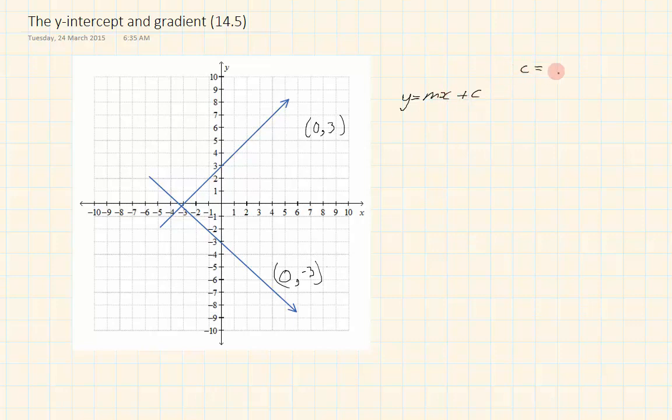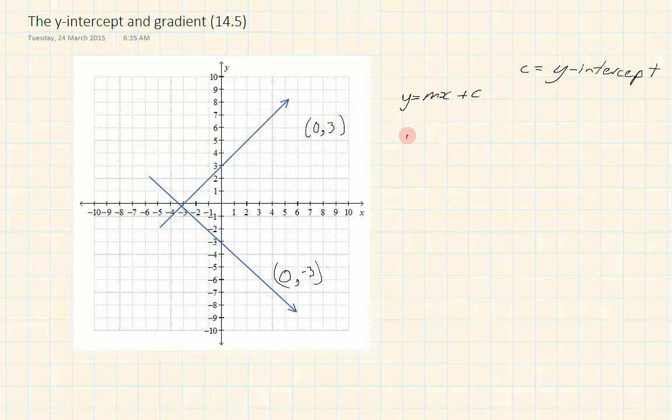So just make a note of that. c is our y-intercept. You've seen the y's and the x values, you've seen m, our gradient, and c is our y-intercept.